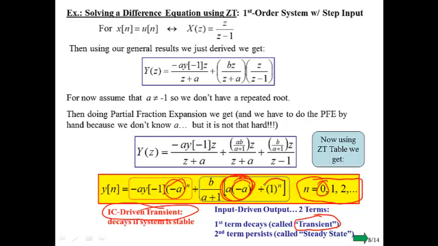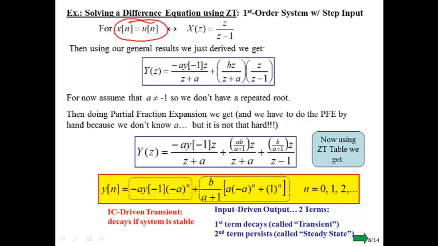But then we have a part that is kind of persistent. Our input is persistent, and so our output should be persistent in some way. Notice that 1 to the n is just 1, so eventually, once this transient dies out, the output is actually just following the input for this particular system.